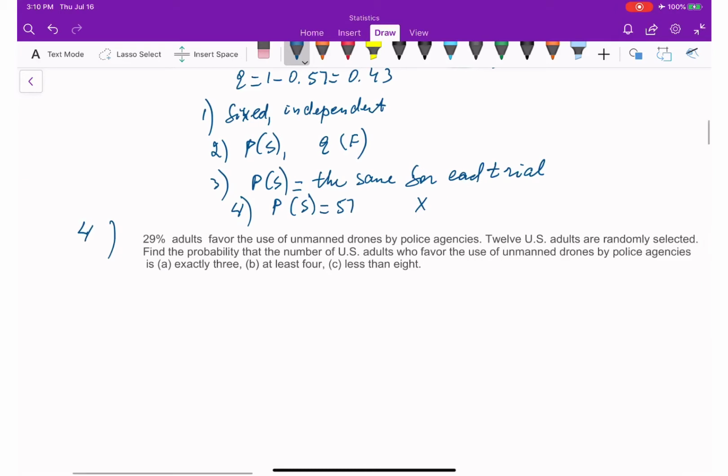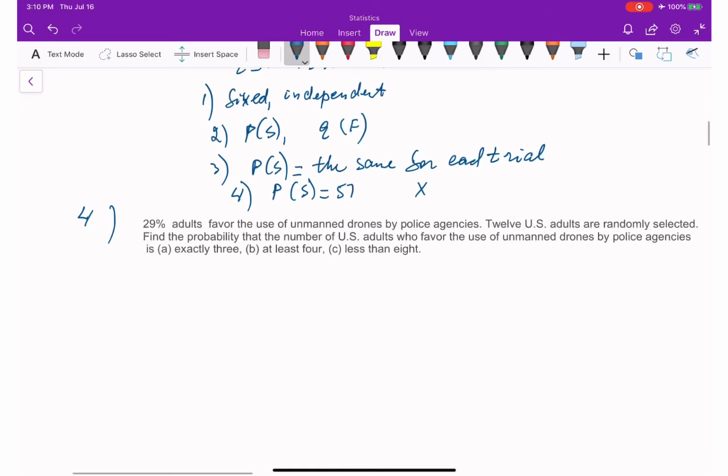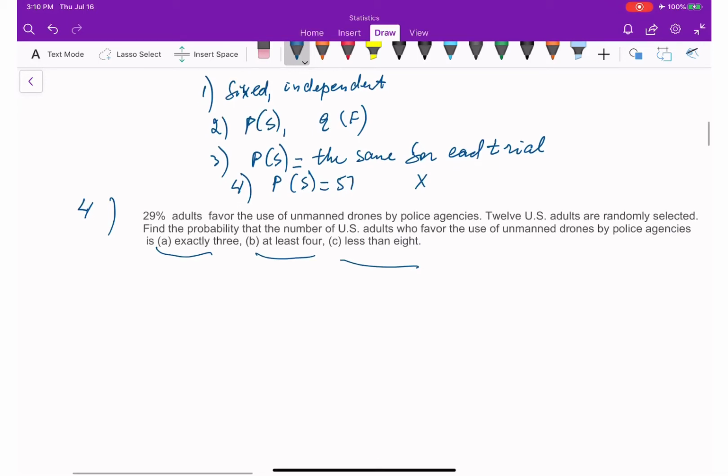29% of adults favor the use of unmanned drones by police agencies. 12 US adults are randomly selected. Find the probability that the number of US adults who favor the use of unmanned drones by police agencies is A, exactly 3, B, at least 4, and C, less than 8. Okay, so what do we have?